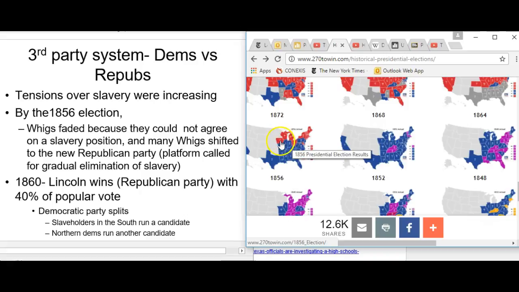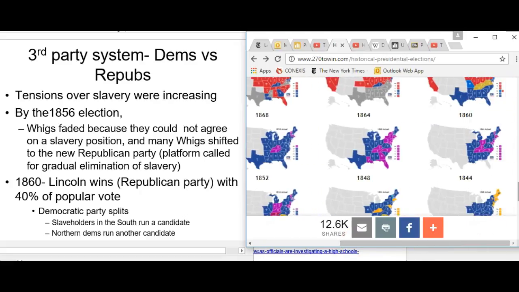They ended up going to a new party called the Republican Party. The Republican Party had in its platform the gradual elimination of slavery. The Democratic Party was the party of the slaveholders, so they were opposed to any restriction on slavery. The Republican Party ran a candidate in 1856, and they didn't win.